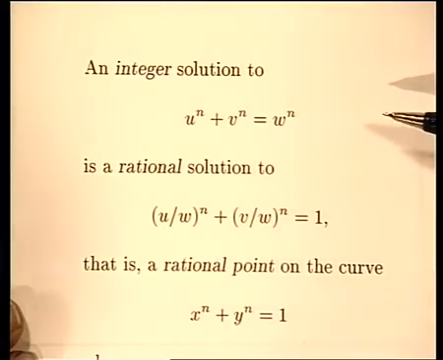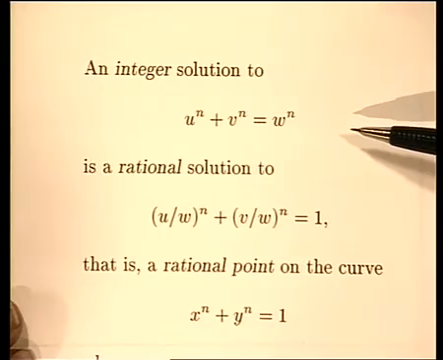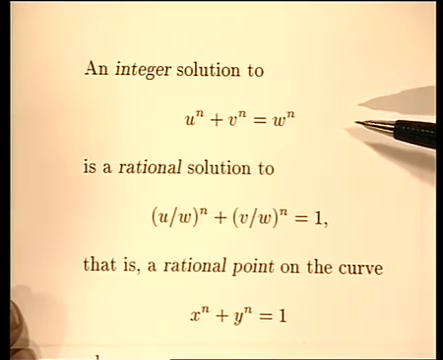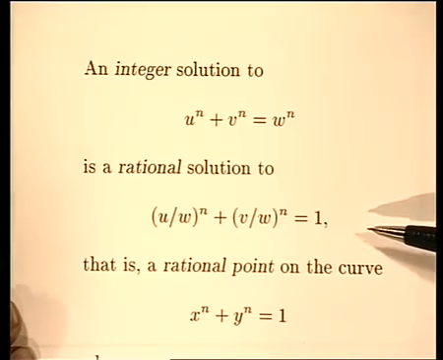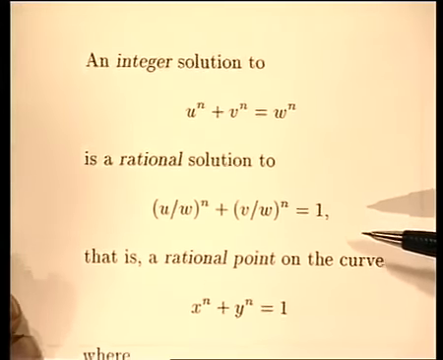Now, Diophantus' approach to this was to consider geometrically what it means to have an integer solution to this sort of equation. So, an integer solution to an equation of the form u to the n plus v to the n equals w to the n, on dividing through by w, is a rational solution to (u over w) to the n plus (v over w) to the n equals 1.